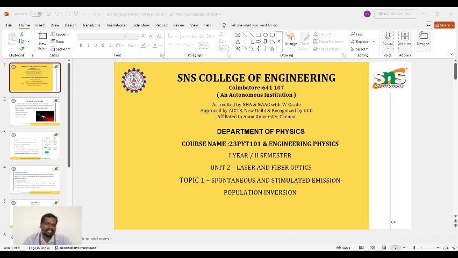Stimulated emission results in two photons of the same frequency and energy. The emitted photons move in the same direction and are highly directional. Spontaneous emission photons move in all directions and are random.